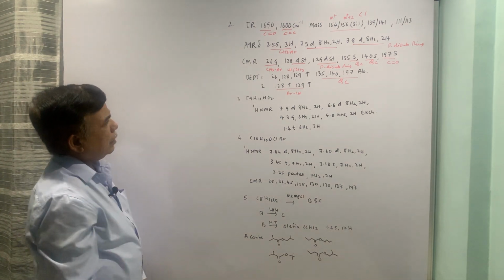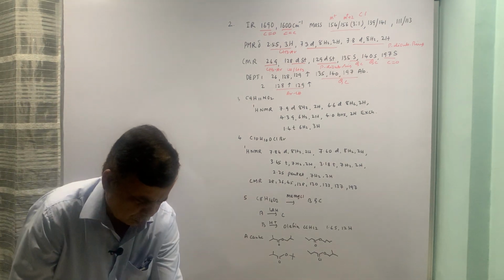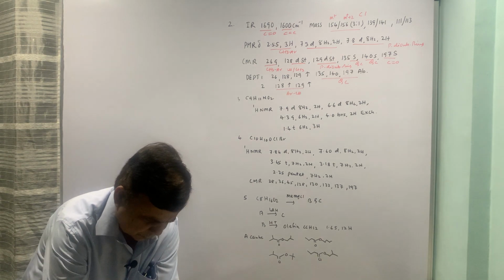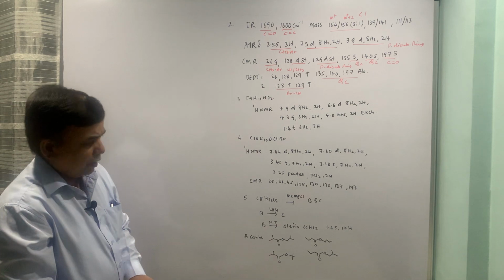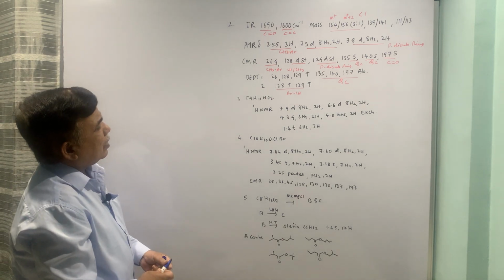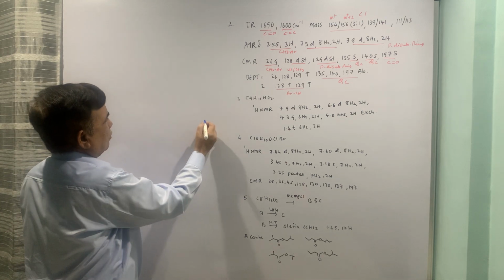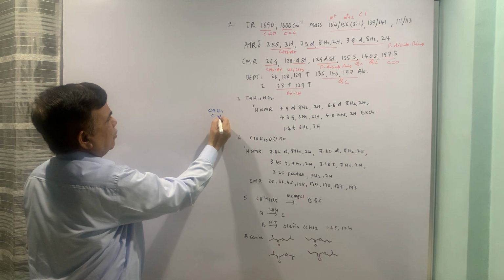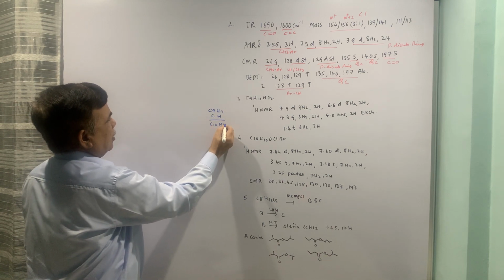Okay. C9H11NO2. I will first find out the sites of unsaturation. C9H11 and CH for nitrogen, we are neglecting oxygen, so C10H12.